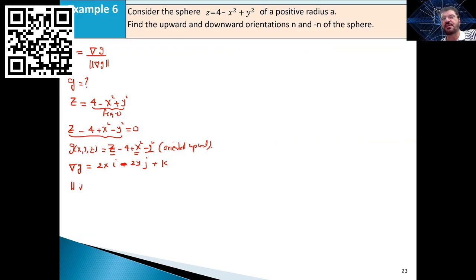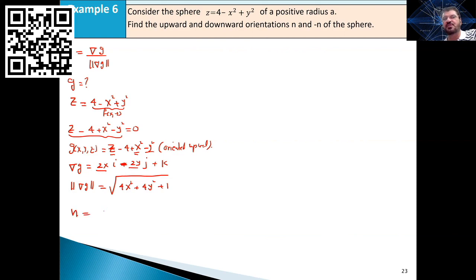What's the magnitude of the gradient of g? It is the square root of the square of the first, which is 4x squared, plus the square of the second, which is 4y squared, plus the square of the last, which is 1. So what is n now?